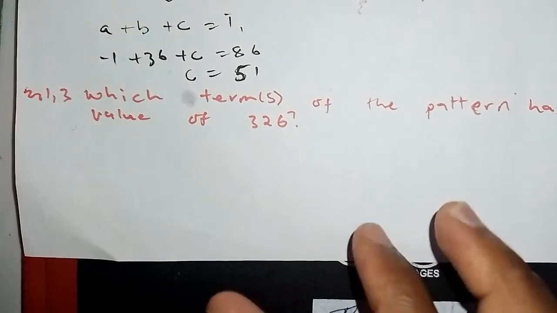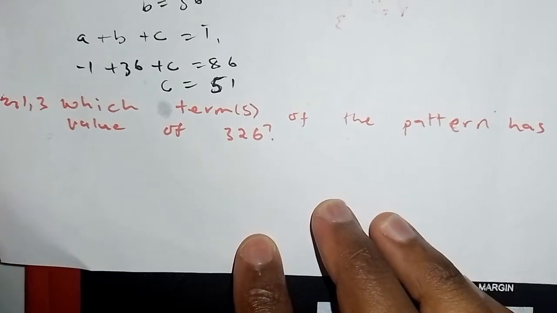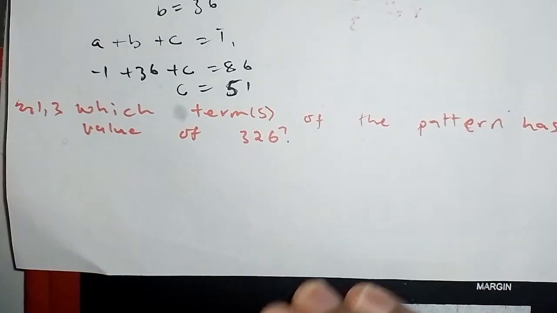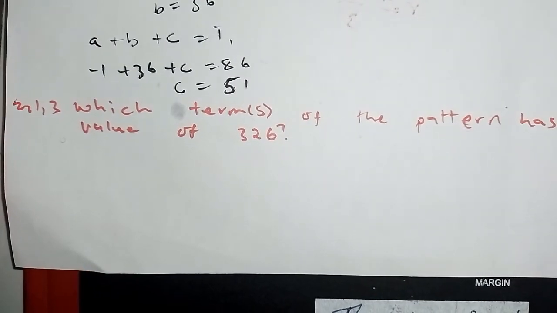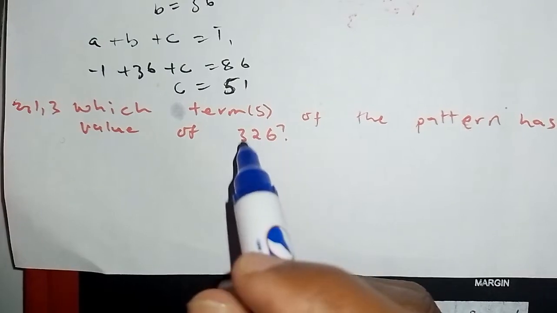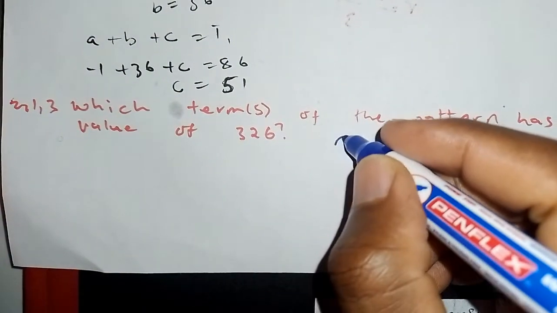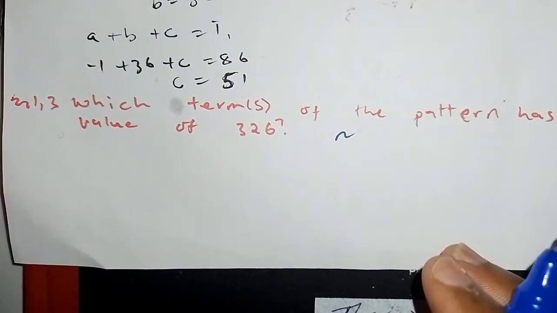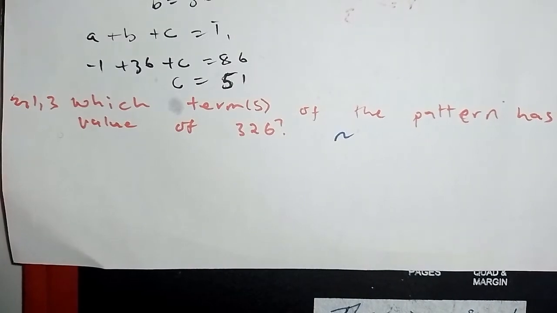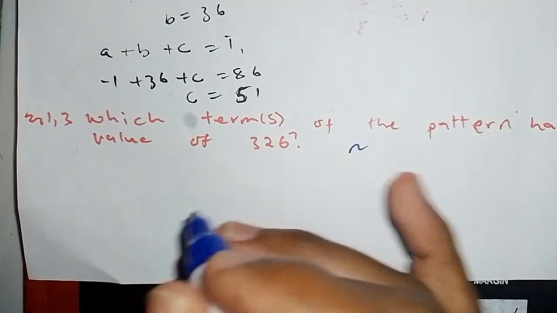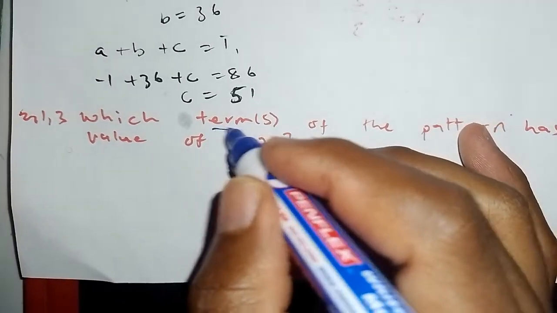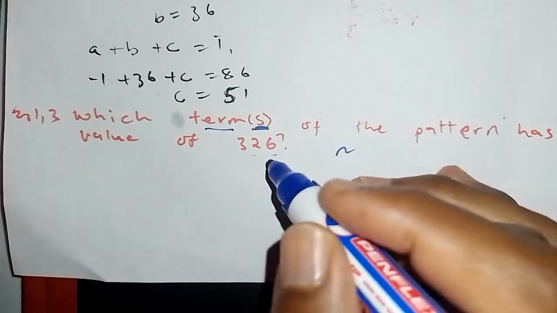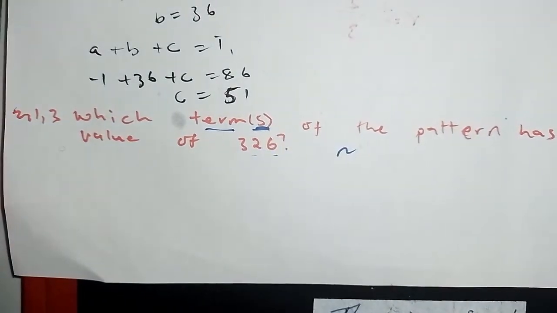Now it means this is correct. Let's go to the next question. They say, which term of the pattern has the value 326? Here they want us to calculate n, the position. In which position or positions are we going to get 326?